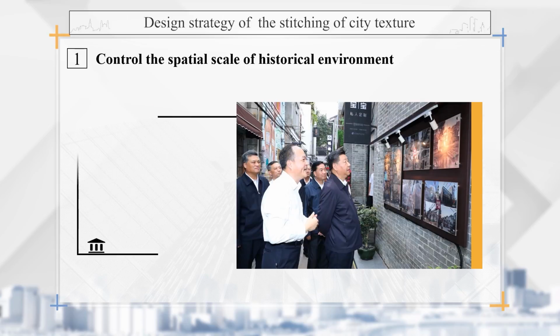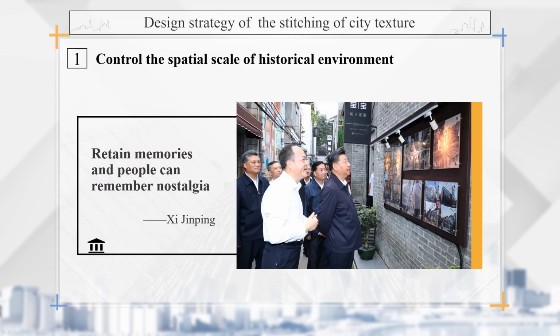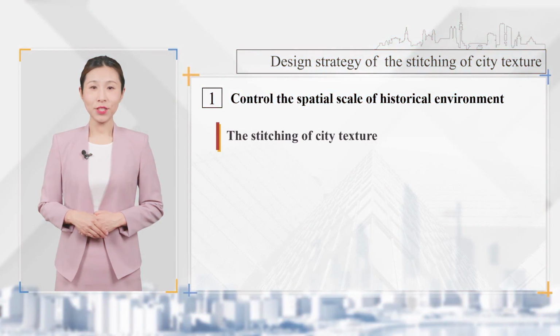In 2018, when General Secretary Xi went to Guangzhou for an inspection, he gave it high praise after visiting Yongqingfang, saying that Yongqingfang is a place where the city can return memories and people can remember nostalgia. This is a strategy of stitching texture in accordance with the city texture.